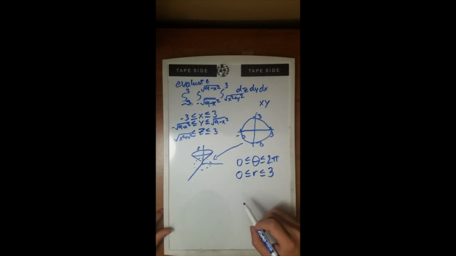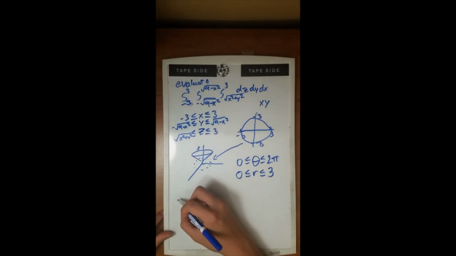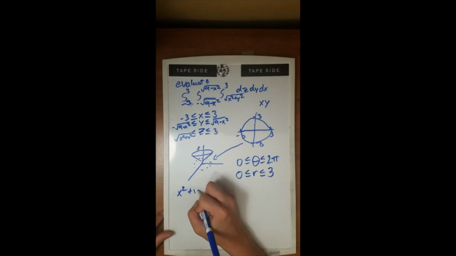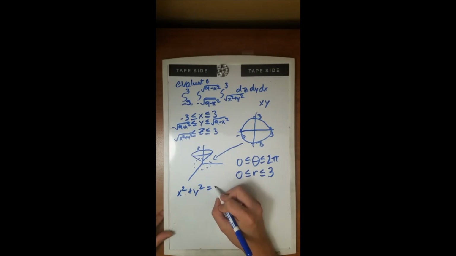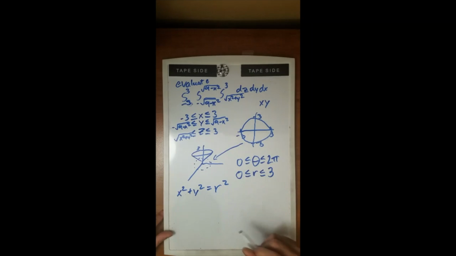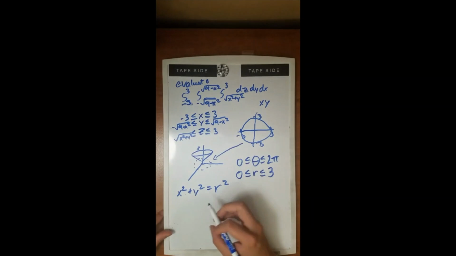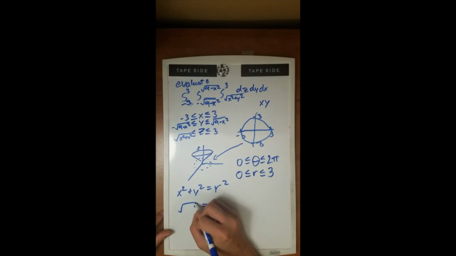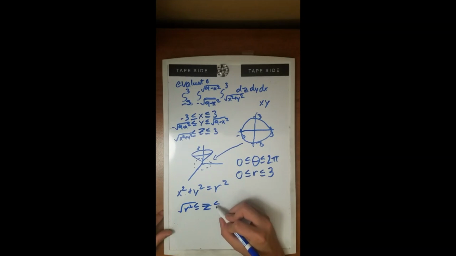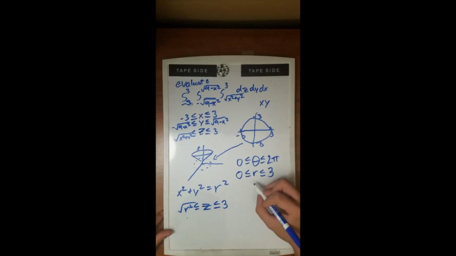Now for the bounds of z, we can recall that for cylindrical coordinates, x squared plus y squared equals r squared. Therefore, if you look at the coordinates over here, the z will become the square root of r squared to 3. And that's just going to be, which I'll write over here, r to 3.